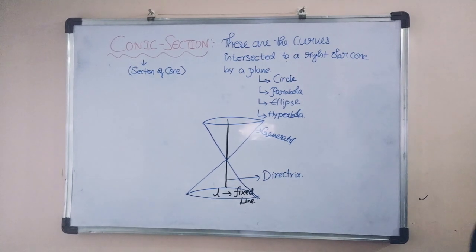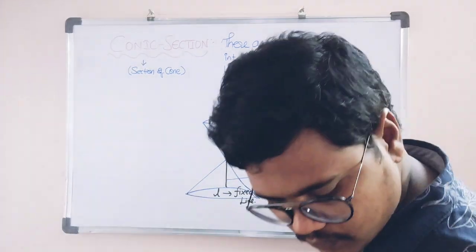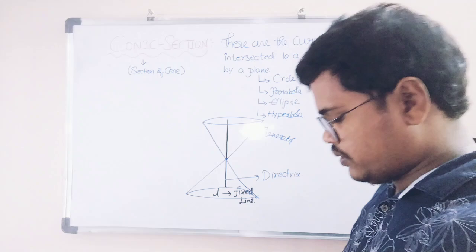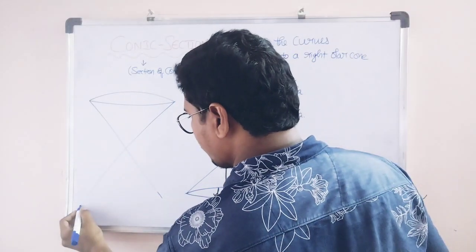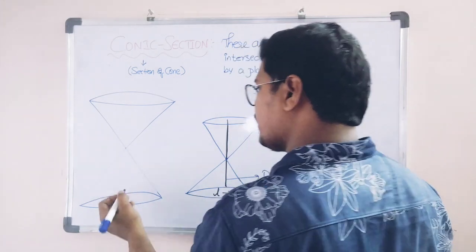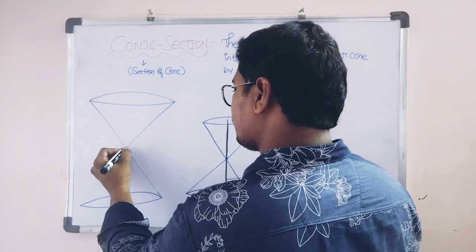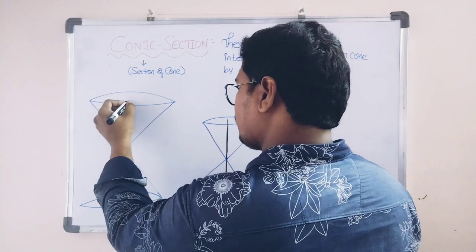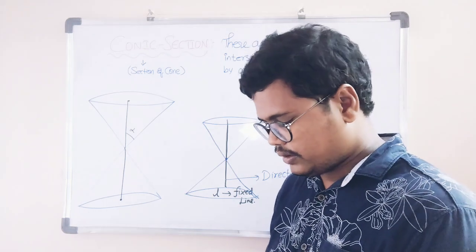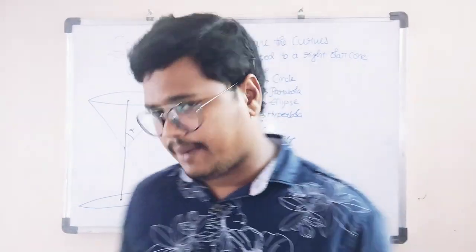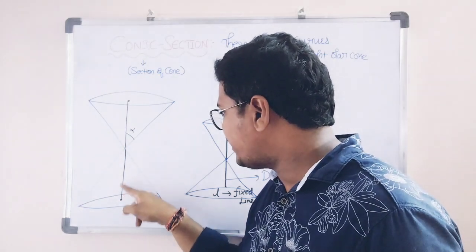Now for a double napped cone, again for this cone which makes an angle alpha, I already briefed you that when a plane cuts through this point, we get one parabolic form in the upper nappe, and one more parabola will appear in the lower nappe.